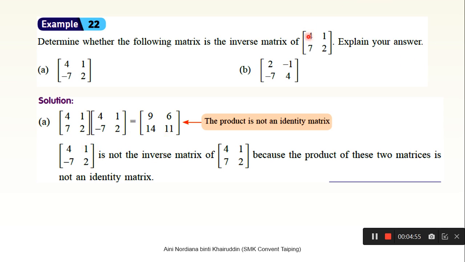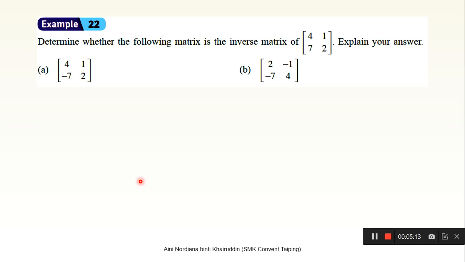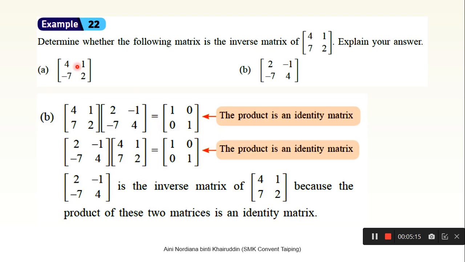So 4 1, -7 2 is not the inverse of matrix 4 1, 7 2 because the product of these two matrices is not an identity matrix. For example B, when you multiply the matrix here with B, the result is the identity matrix.